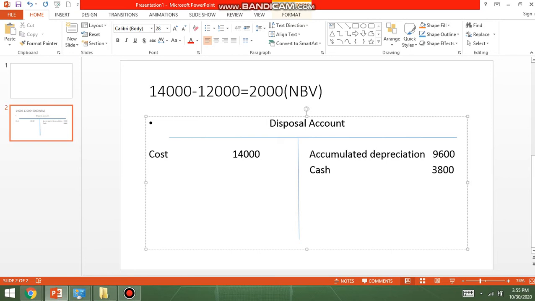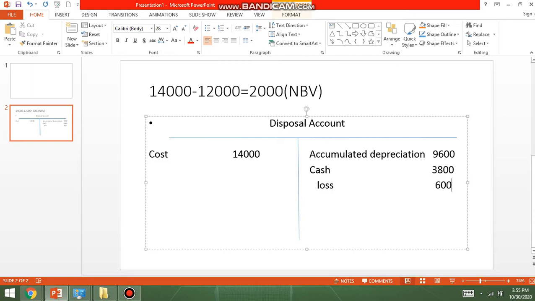Now you see, 14,000 minus 9,600 gets around 4,400, and this 4,400 of carrying value is more than the cash which you are receiving. So obviously you would get into a loss. This is the loss over here of 600.